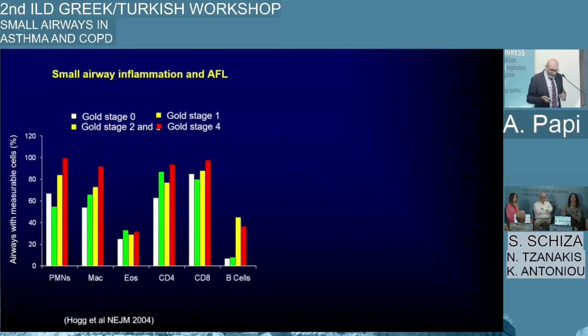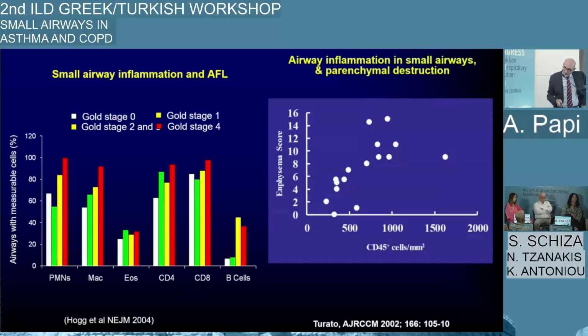It is a historical study by Jim Hogg that found a correlation between the severity of the airflow limitation as assessed by the GOLD stage and the severity of the infiltration in peripheral airways of all the inflammatory cells we know are involved in COPD, regulatory, effector cells. So the correlation even goes beyond the airflow limitation to the emphysema degree.